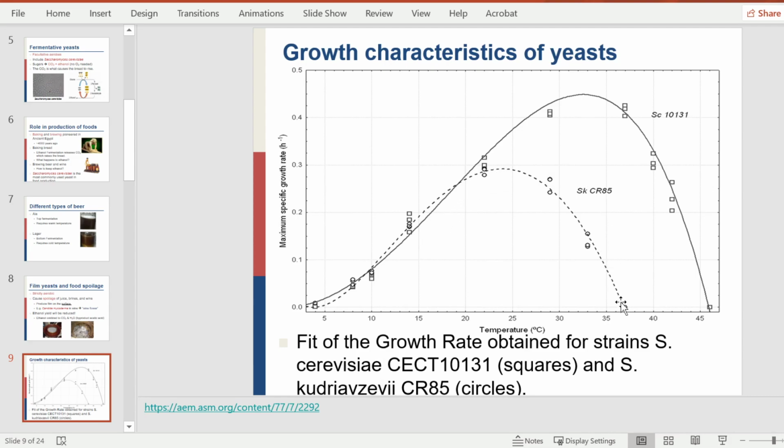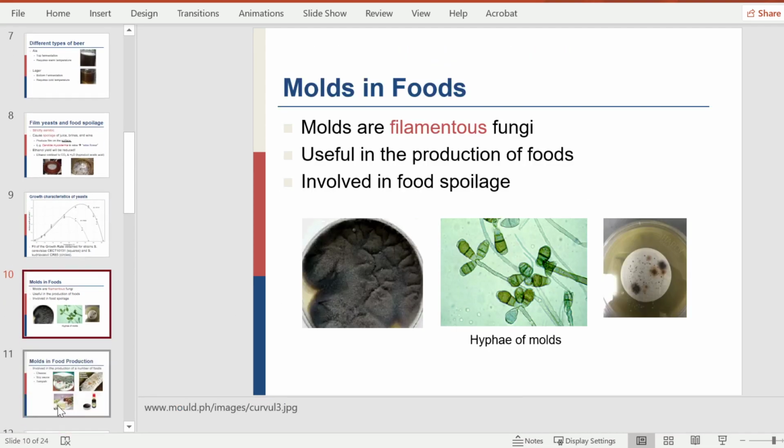Okay, so the circles one is here, and then cerevisiae is here, okay, with the squares. So we can see that S. cerevisiae, which is one of the most thermotolerant or heat-tolerant yeast, is going to be able to survive over 45 degrees Celsius, and then its optimal temperature is between 30 and 35.